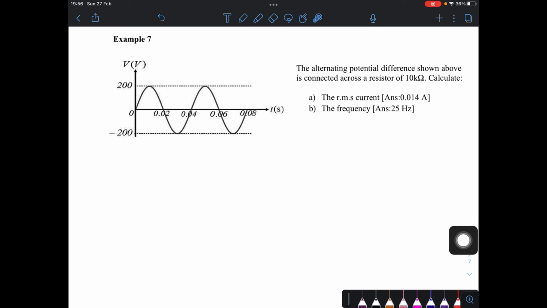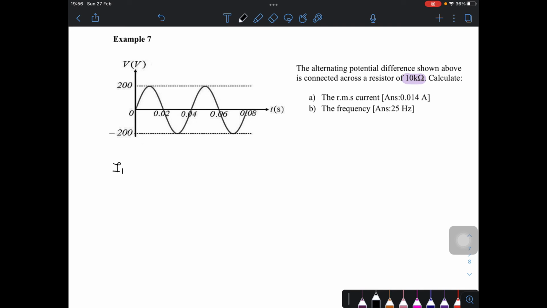Okay, next one. Example 7. We are given a voltage against time graph here. The alternating potential difference shown above is connected across a resistor of 10 kilo ohm. Calculate the RMS current and the frequency. So this one, we want the same thing.